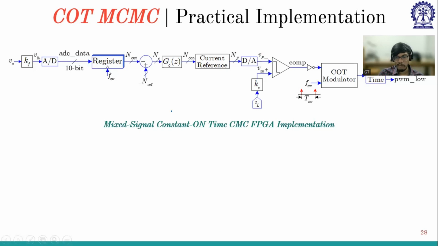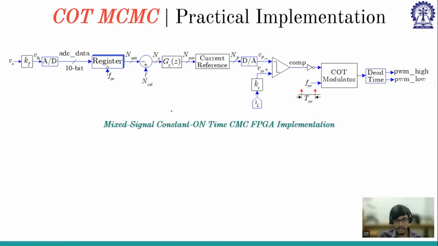And if we see the FPGA implementation, it will be similar to what we have discussed in voltage mode control, except there will be another loop, which is the current loop. So first part is V naught with gain coming to V feedback, analog to digital converter, ADC 10-bit. Then we store in some register, and then we subtract from the V reference to get the error voltage generation.